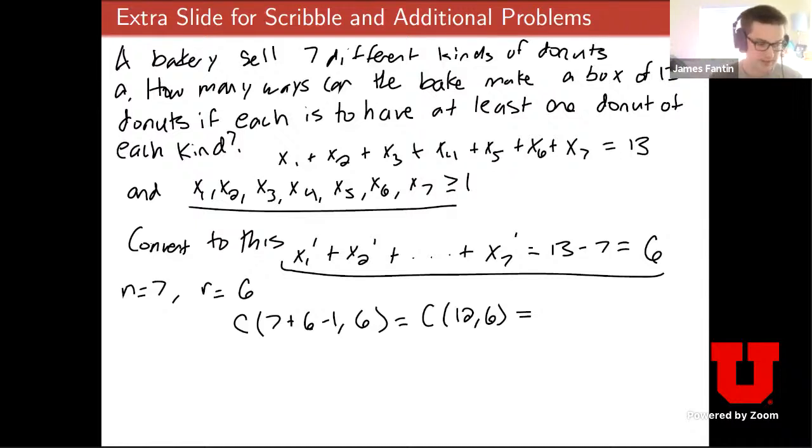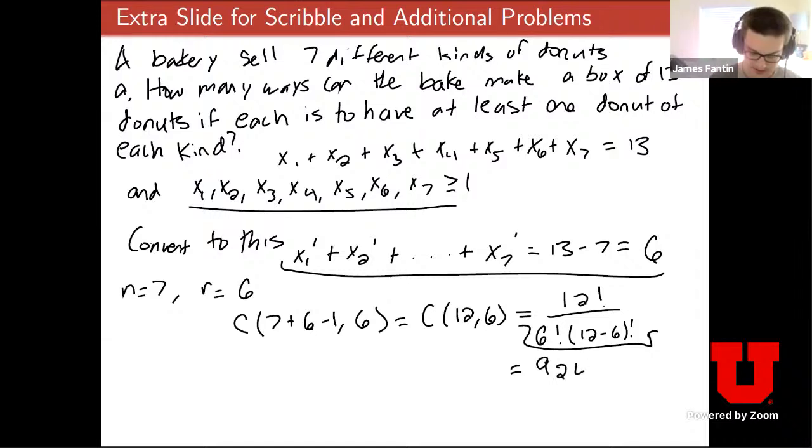If we just apply the formula for choose, then this is just equal to 12 factorial over 6 factorial times 12 minus 6 factorial. And this is what we'll be looking for. You'll need to know how to apply these formulas and give answers somewhat like this. And then if you just want to check your answer, this turns out to be equal to 924.